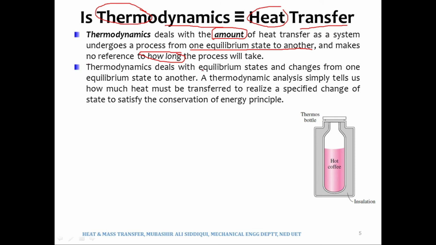Thermodynamics deals with equilibrium states and changes from one equilibrium state to the other, right? So from the start of the process till the end of the process. And the thermodynamic analysis would give us the amount of heat, how much heat would be transferred into the system or out of the system.